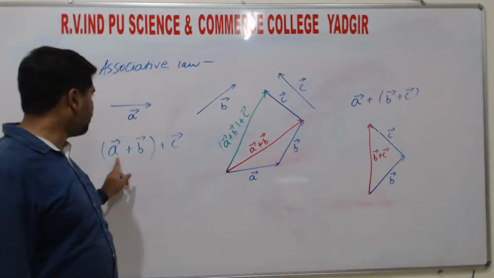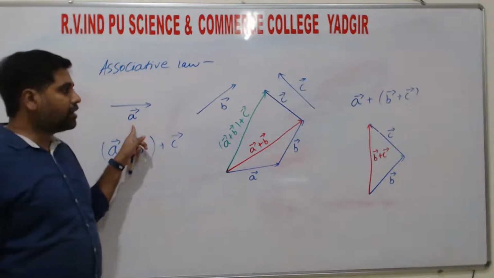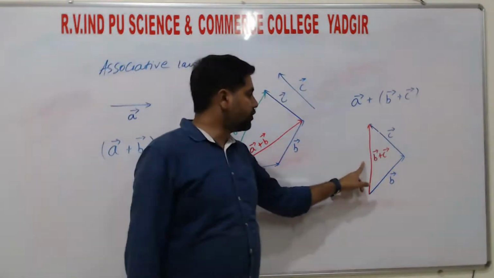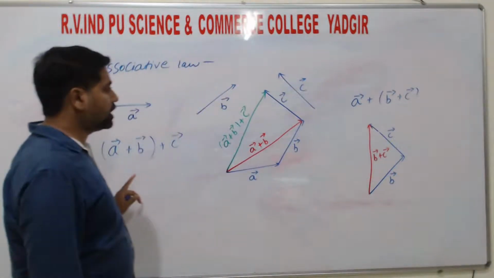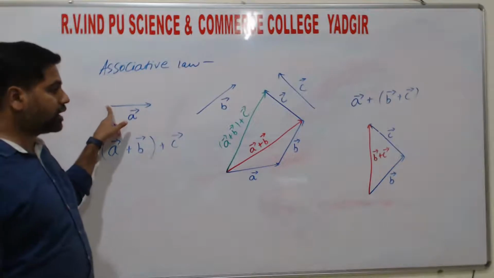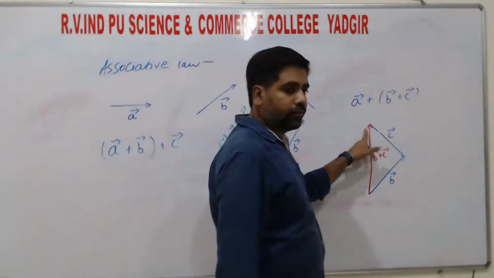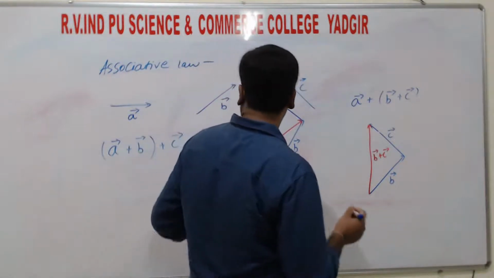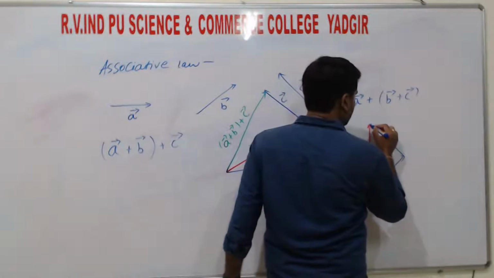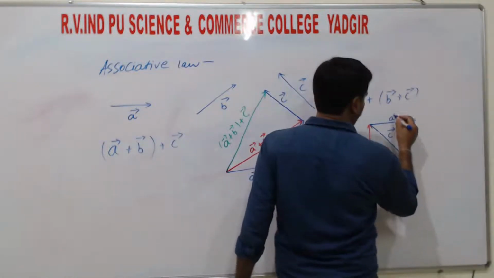Now we need to add vector A. This vector is added with the resultant of vector B and C, right? For that, the tail end of this vector is added to the head end of this vector. This one is a little bit complicated.